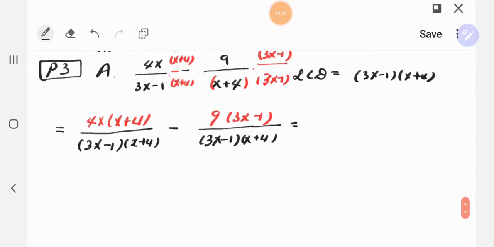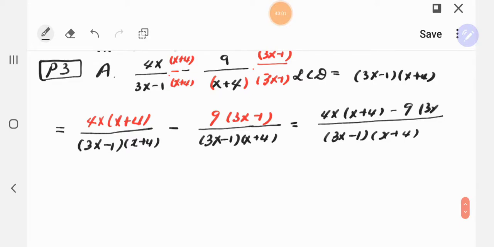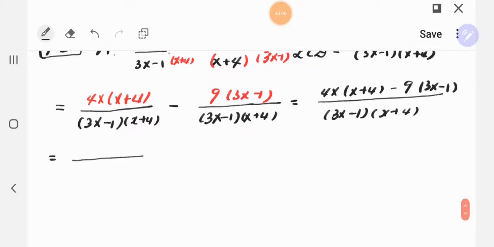And then simplify the numerator. The denominator is the LCD. The numerator is 4x times x plus 4 minus 9 times 3x minus 1. Then that is equal to 4x squared plus 16x minus 27x plus 9 over 3x minus 1 times x plus 4.